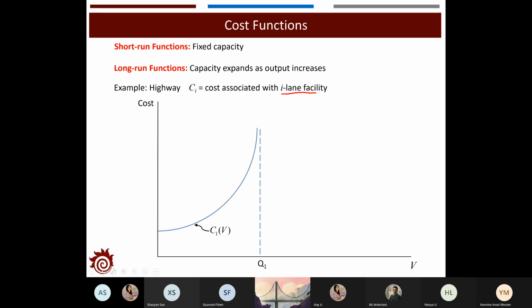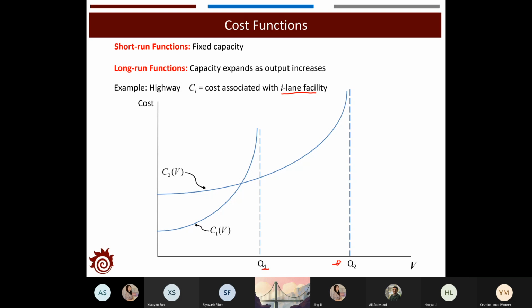We assume that we only have one lane first, so we have the cost function C1(V), and the capacity is Q1. But if we have an expansion in the number of lanes, the capacity is increased from Q1 to Q2 by introducing 2 lanes.